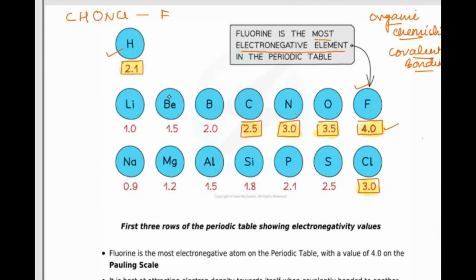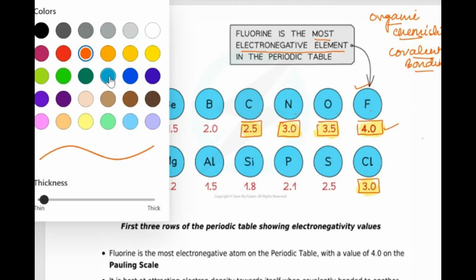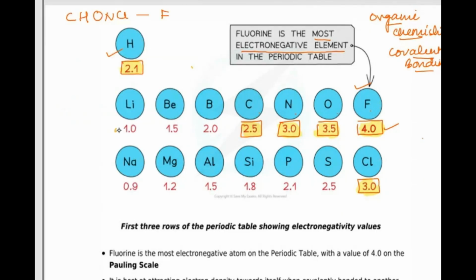Now, can you see one thing, that all the metals, now which metals do we have on the screen? We have lithium, beryllium, and then we have sodium and magnesium. You can see that the electronegativity is too low. Am I right? The electronegativity is very low, whereas for the non-metals the electronegativity is high.